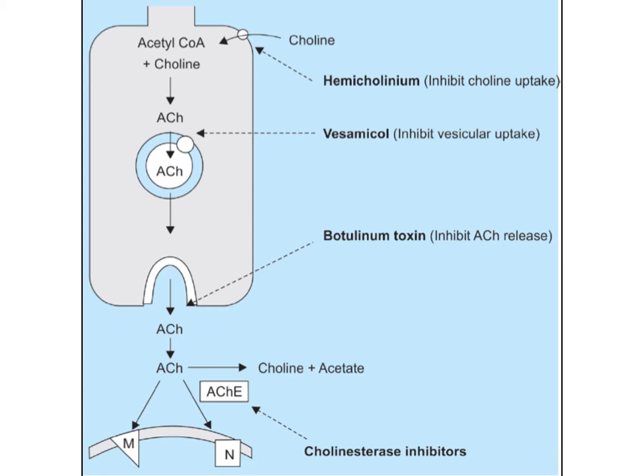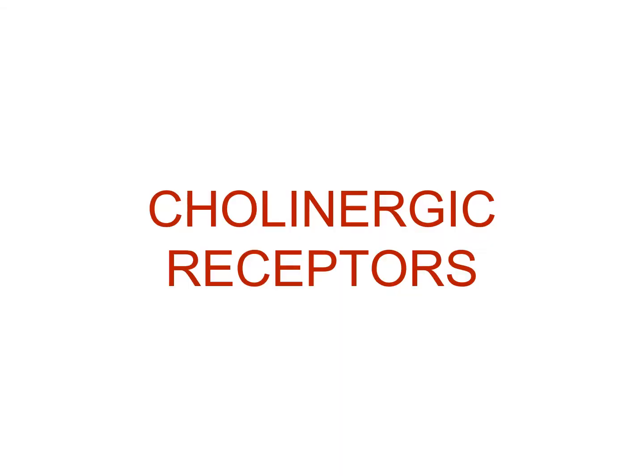So these are the different substances or drugs which affect the synthesis, storage and release of acetylcholine, leading to deficiency of acetylcholine in the synaptic cleft. The acetylcholine, which is locally synthesized in the cholinergic nerve endings and released into the synaptic cleft, further acts through the different types of cholinergic receptors.